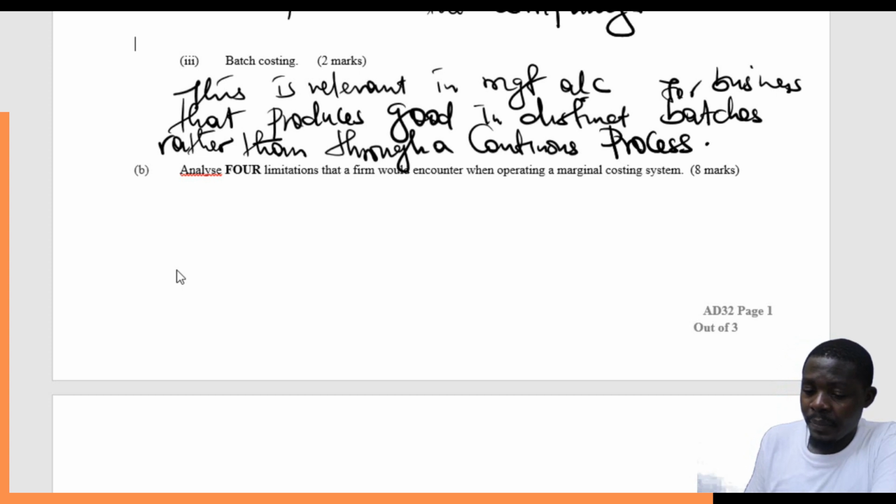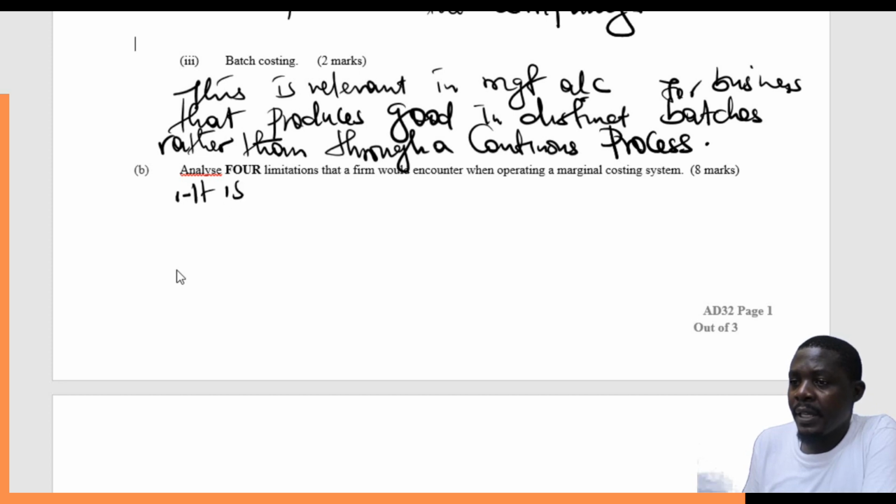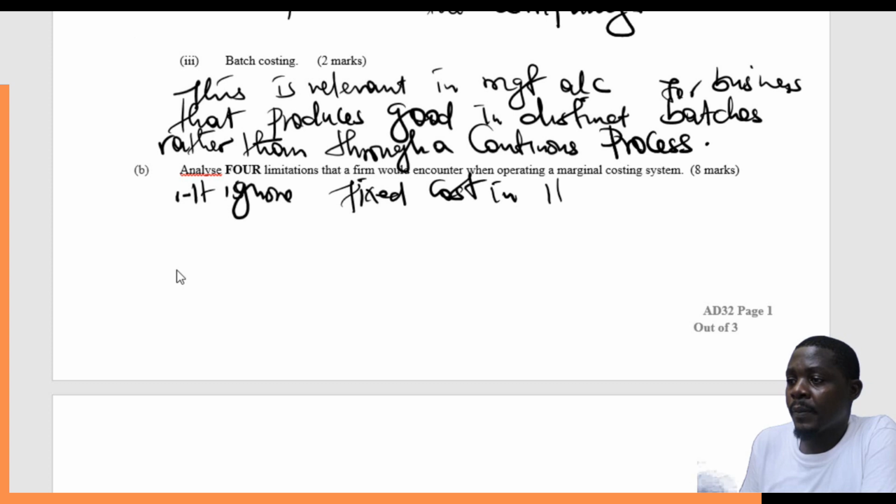In other words, they are just asking for assumptions of marginal costing. Number one, it ignores fixed cost in its decision making.